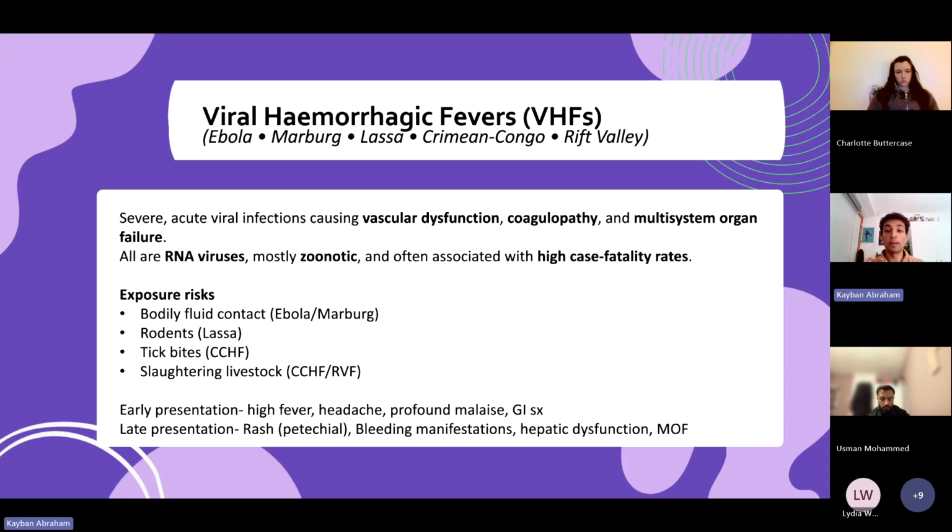So there are a number of them. There are these 5 main ones. They're all RNA viruses, and they tend to come from animals or some kind of vector. The reason that they're high fatality is because patients will just switch like this, and once they have, it's really, really hard to get the immune system back into normal shape.